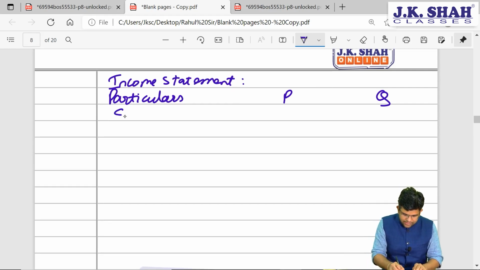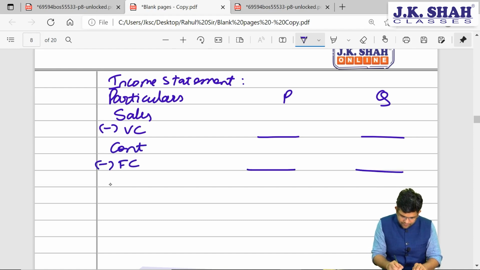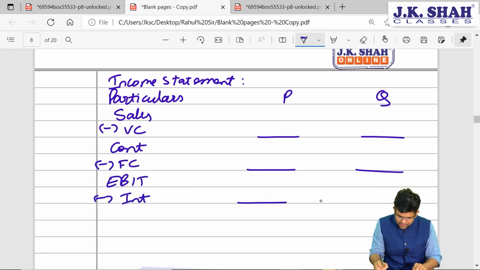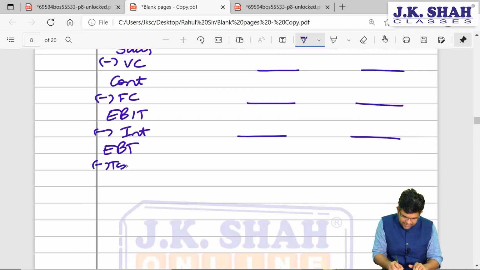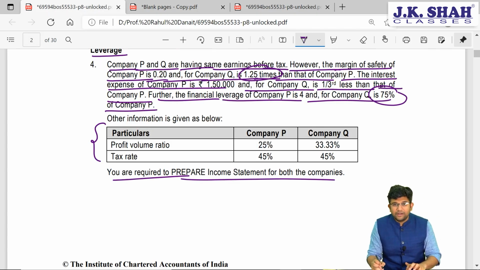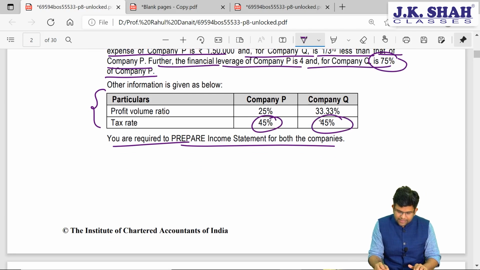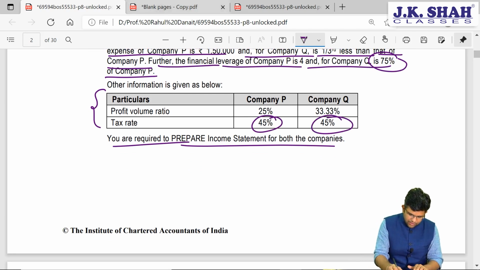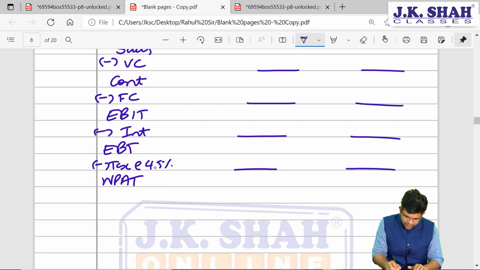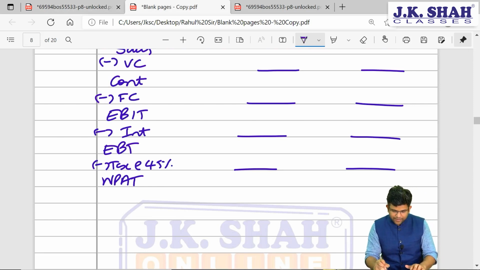Sales minus variable cost will give contribution, minus fixed cost will give EBIT, minus interest will give EBT, minus tax will give NPAT. As far as tax is concerned, they have given it in the question. Tax rate is 45%, which will give NPAT.